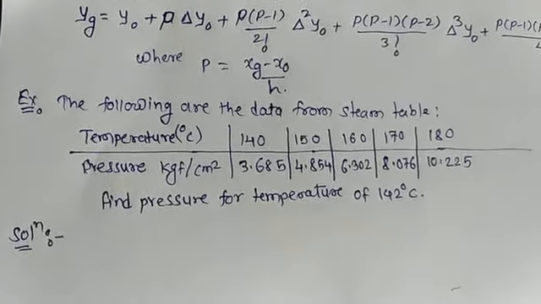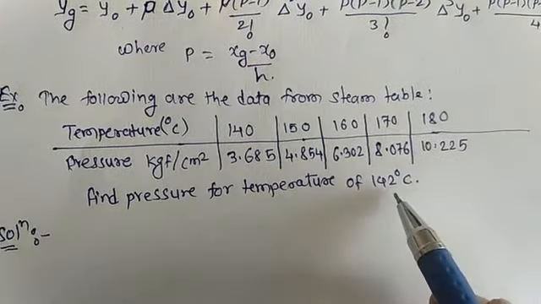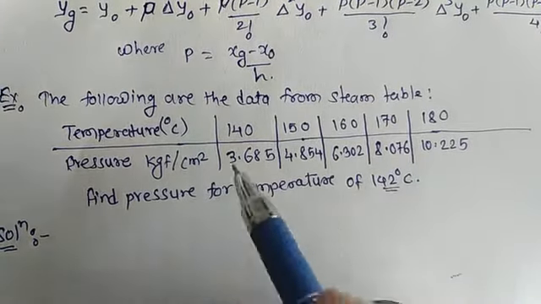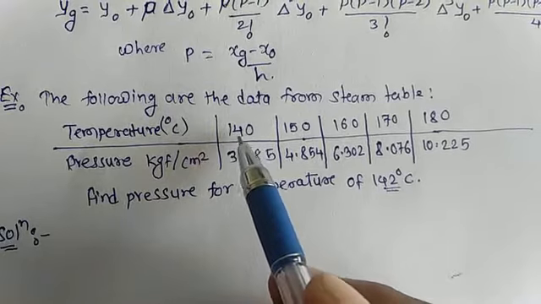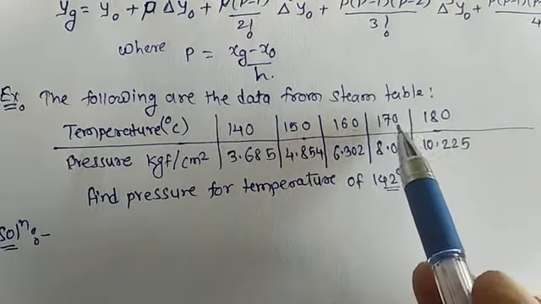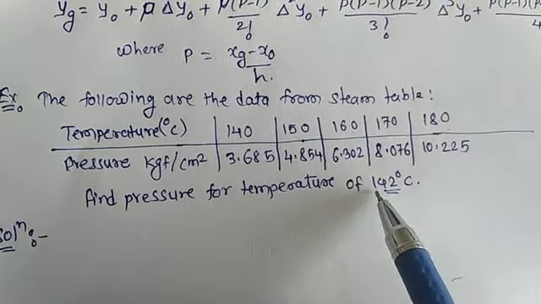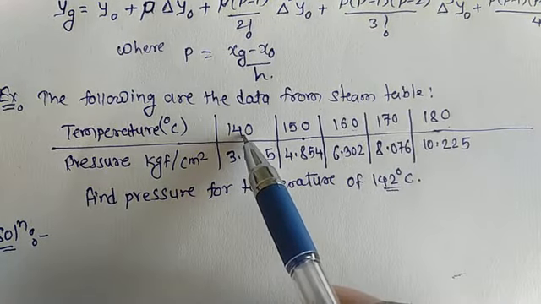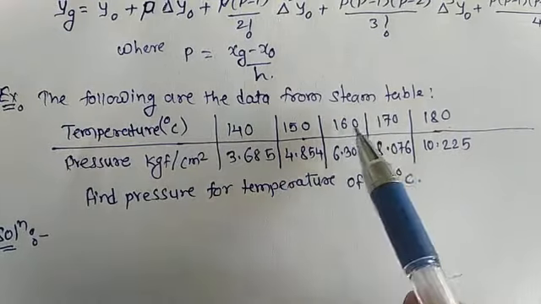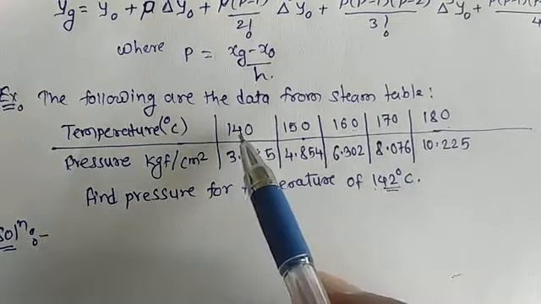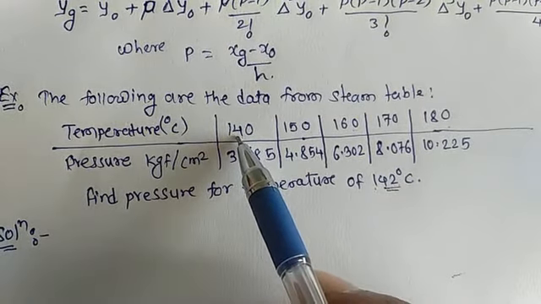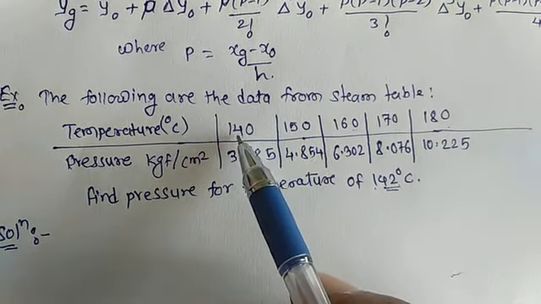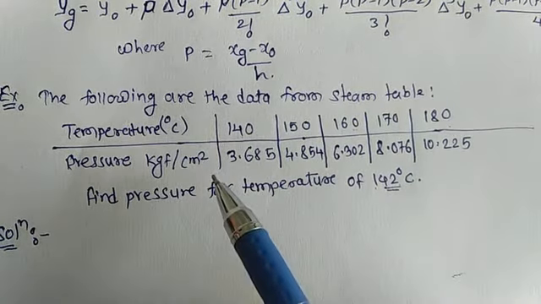First of all we have to check the temperature 142. If we check the given temperatures 140, 150, 160, 170 and 180, the value 142 is nearer to the beginning one. So we will use the forward difference table.